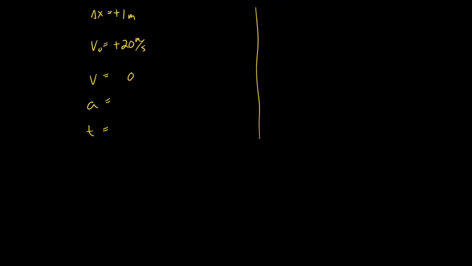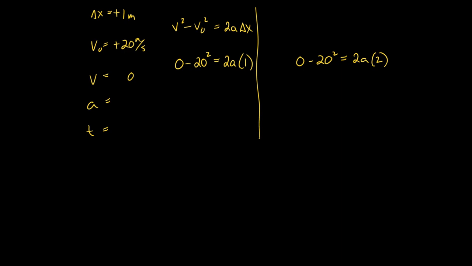I'm going to use, I think, v squared minus v naught squared equals 2a delta x, find the acceleration. And that will be 0 minus 20 squared equals 2a times 1. And just because we know we're doing this problem twice, there's no reason why we can't use the work we're doing now and do it a second time. Once for 2 meters, once for 1 meter. 20 squared is 400, divided by 2 is 200.